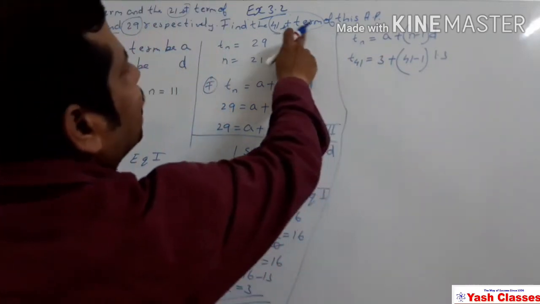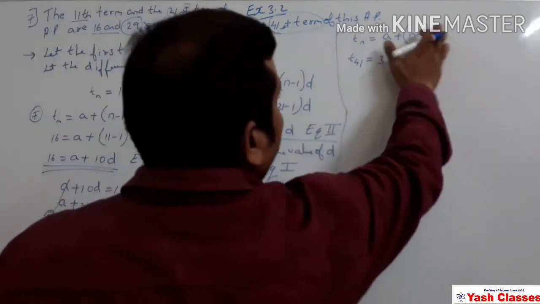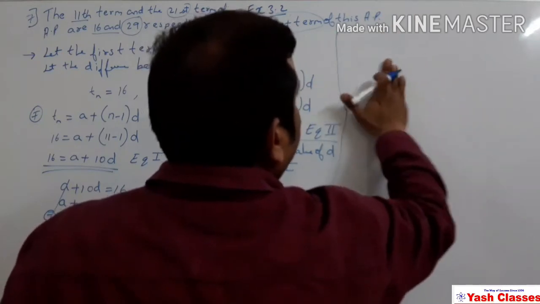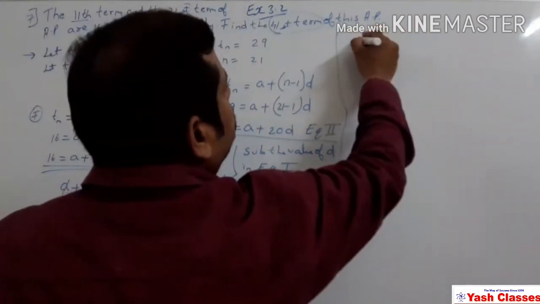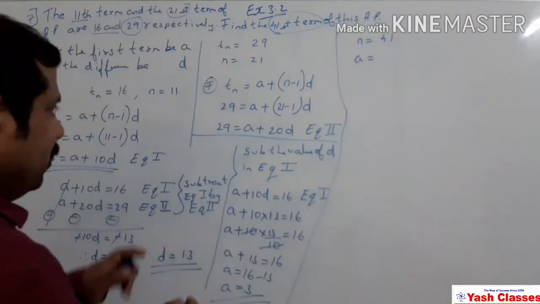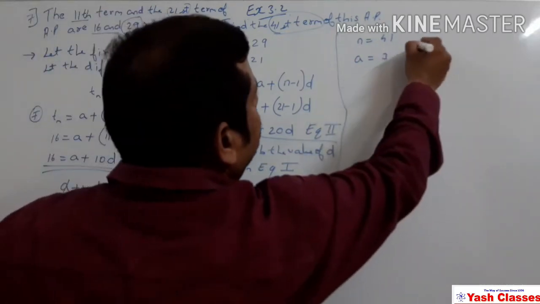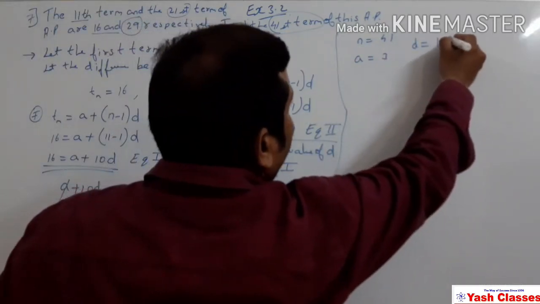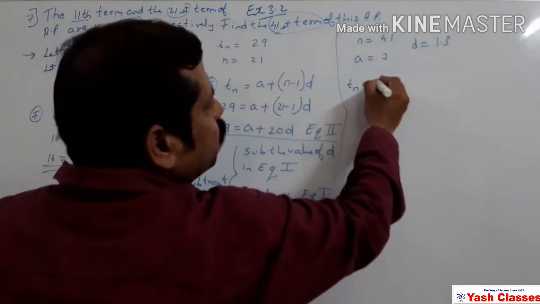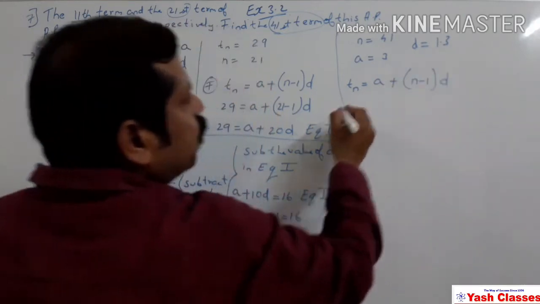Here n is 41, A is equal to 3 and D is equal to 1.3. Now you have to find Tn is equal to A plus n minus 1 D. This is your formula.